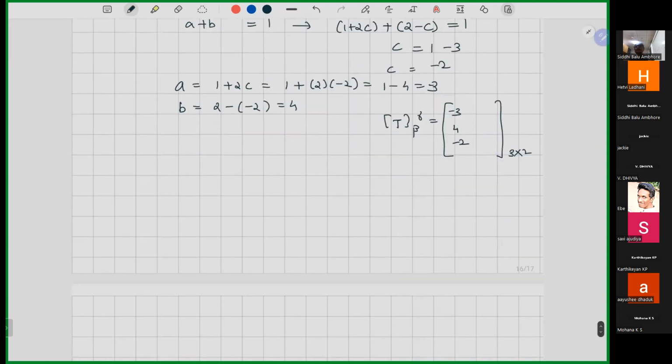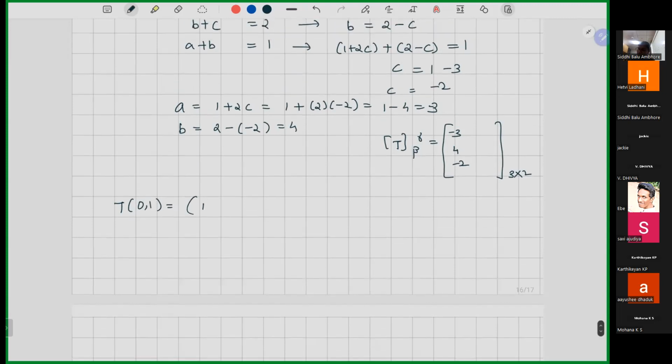And similarly, I need to find the coefficient of T of (0, 1). This is corresponding to T beta 1, this is T beta 2. T of (1 minus 0, 2 into 0, and 0 plus 1). So it is (1, 0, 1).